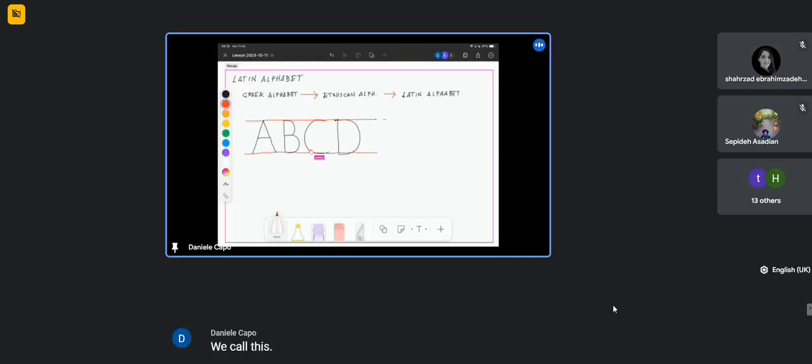We call this a two-line system. So for us, the two-line system defines the base of what we call capital letters.